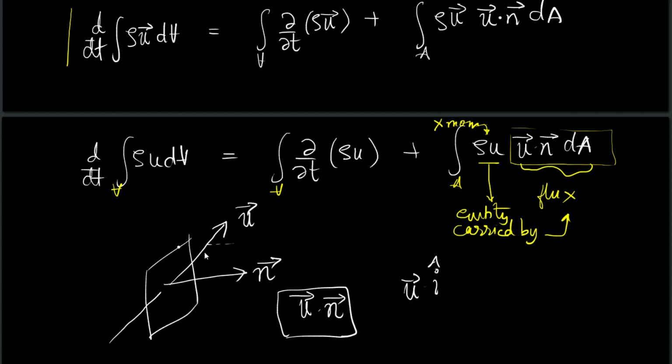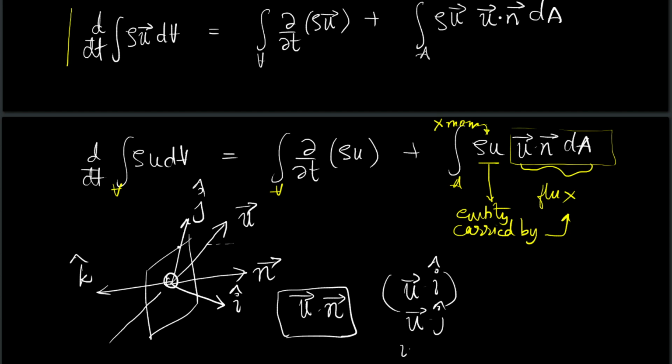So you are splitting the velocity at this point. Suppose this is the x direction, this is the i direction, this is the j direction, and this is the k direction. So u·i is the velocity component in the x direction, u·j and u·k will be the y and z components.